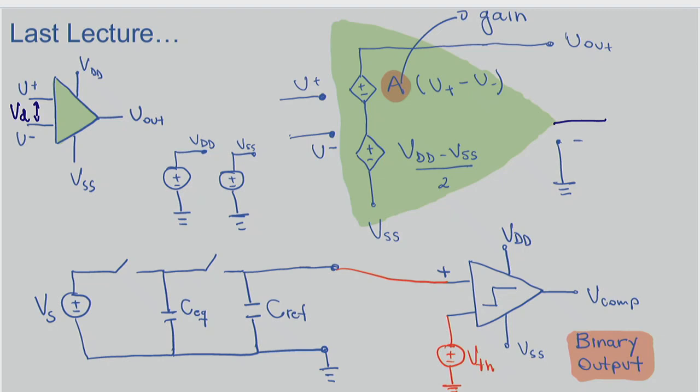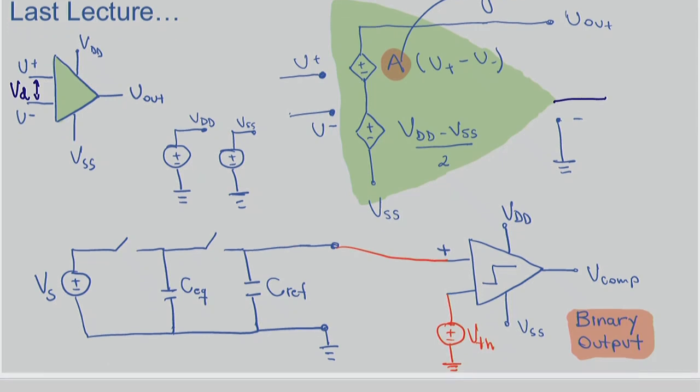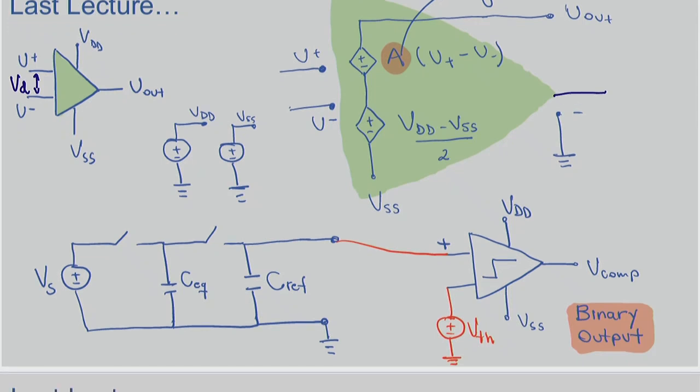In the end, what we got to was a model where we had our capacitors, we had our third screen here, our third switch here that we were using in the different phases.